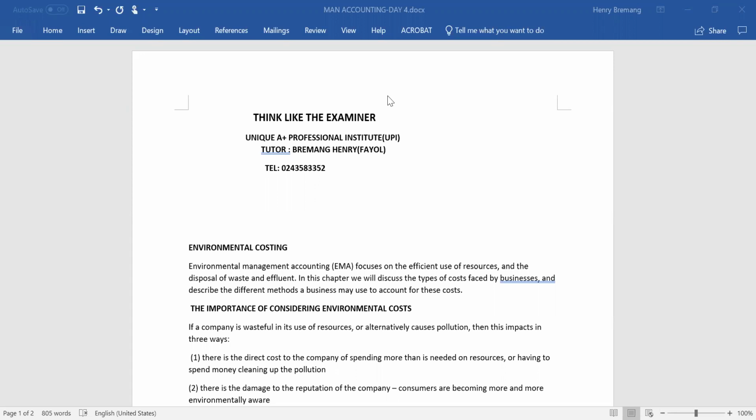We have gone through absorption costing, activity-based costing, life cycle costing, and today we are going to look at environmental costing. But I've hinted that your examiner is not really a fan of environmental costing. Notwithstanding, so far as it's in your syllabus, you ought to know the issues pertaining to environmental costing.